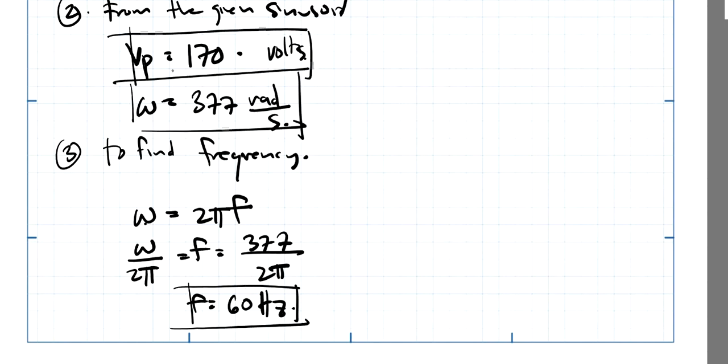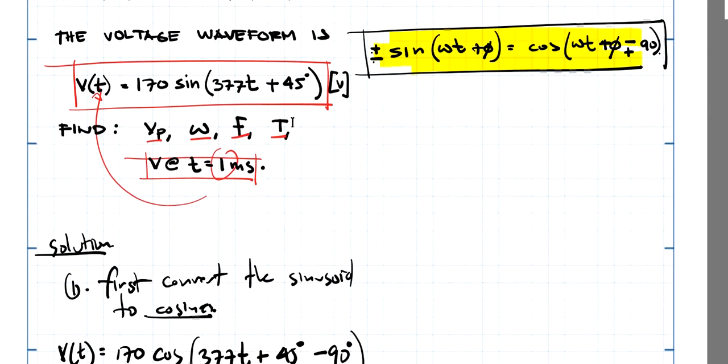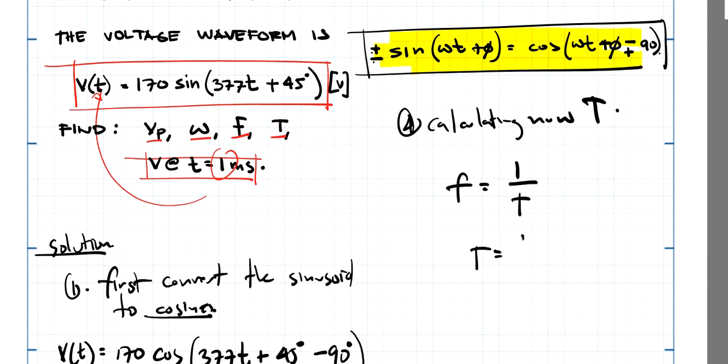Okay, next we are to find the period. Number 4, calculating T. Recall from this expression, f is equal to 1 over T, and T therefore is equal to 1 over f, and we know that f is 60.